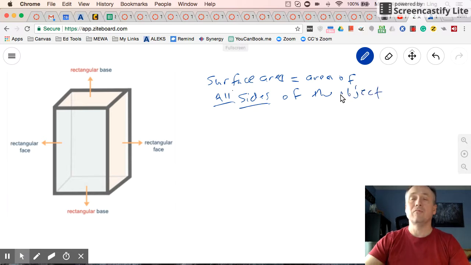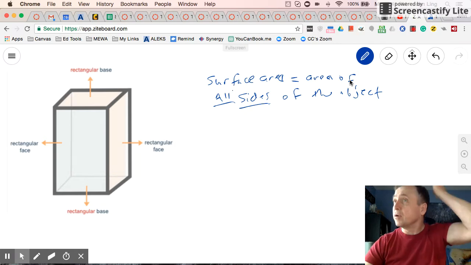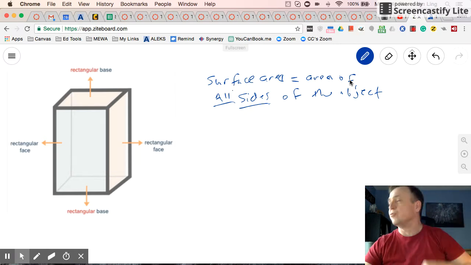Now it could be a rectangular prism, it could be a, I don't know, a cylinder. That's a little tricky, but you can get the surface area of a cylinder too. We'll do that probably in geometry in high school. But at any rate, the surface area is the area of all sides.